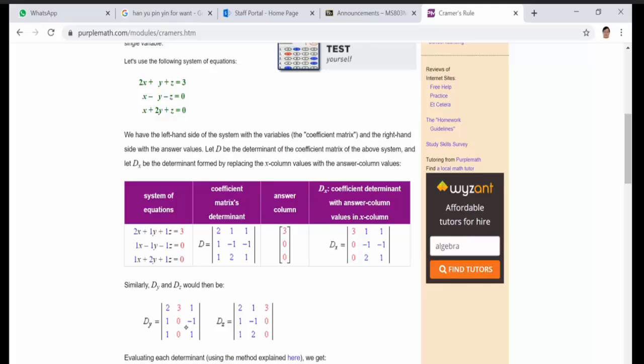Then you take the determinant Dx over D, and you get the answer for x. How do you find the answer for y? To find y, you replace the y column by 3, 0, 0, and divide by D again. You can find it out. This is the simple Cramer's rule, something you learn in linear algebra.